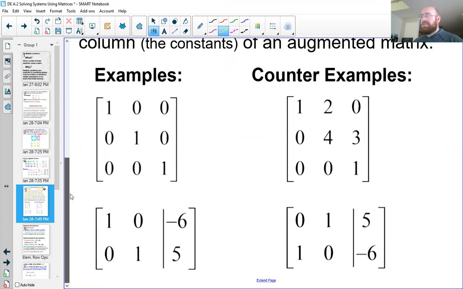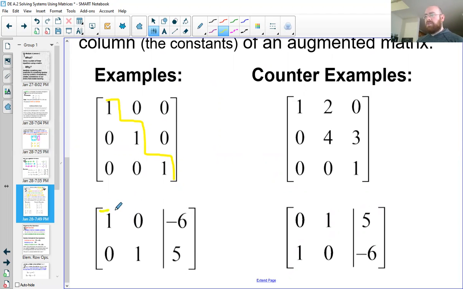So we have a couple examples. Notice that in this first example, we can draw that staircase shape descending along this main diagonal. Every column has 1, 0. Every other number in the matrix is 0.